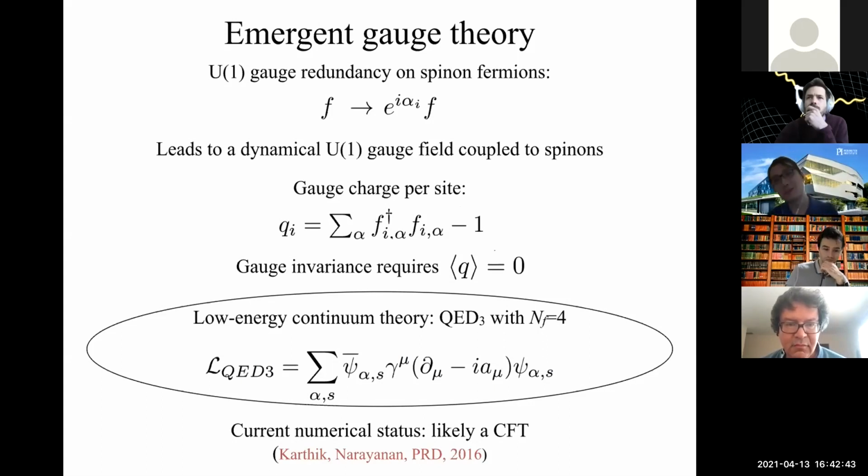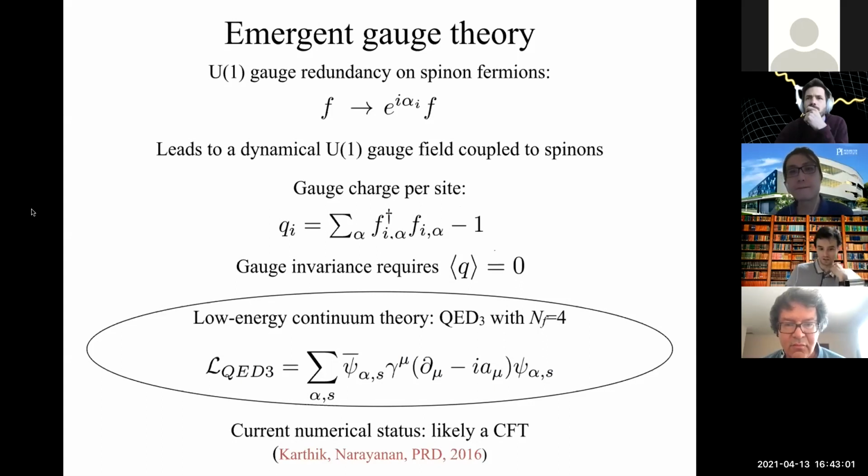That's the only regime where my calculation is controlled. Of course, the underlying assumption is that it's adiabatically continuous to the actual spin system, which is what we mean by it being a Dirac spin liquid.